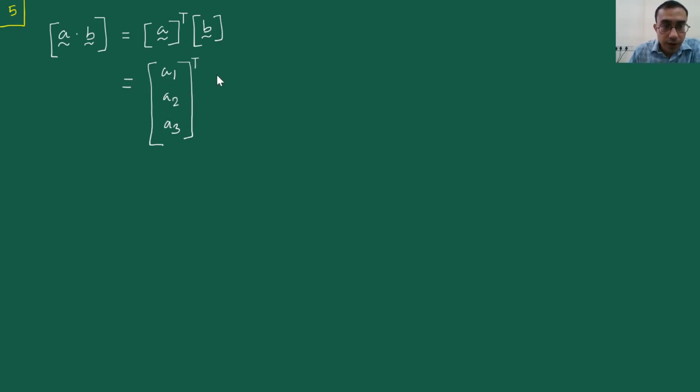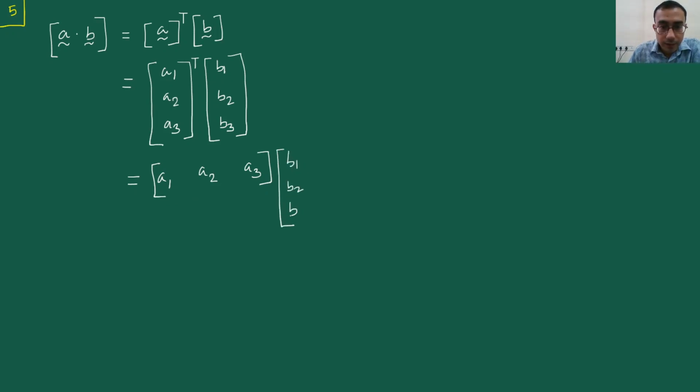So let me put the transpose here. So this thing is equal to, we take the transpose of the column matrix, so it becomes the row matrix, and if we actually carry out the matrix multiplication, what we obtain is exactly what we had obtained earlier, A1B1 plus A2B2 plus A3B3.